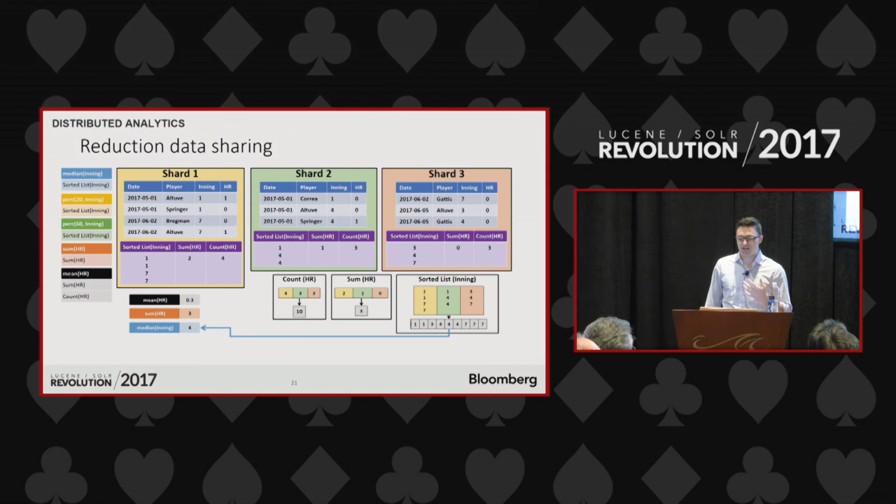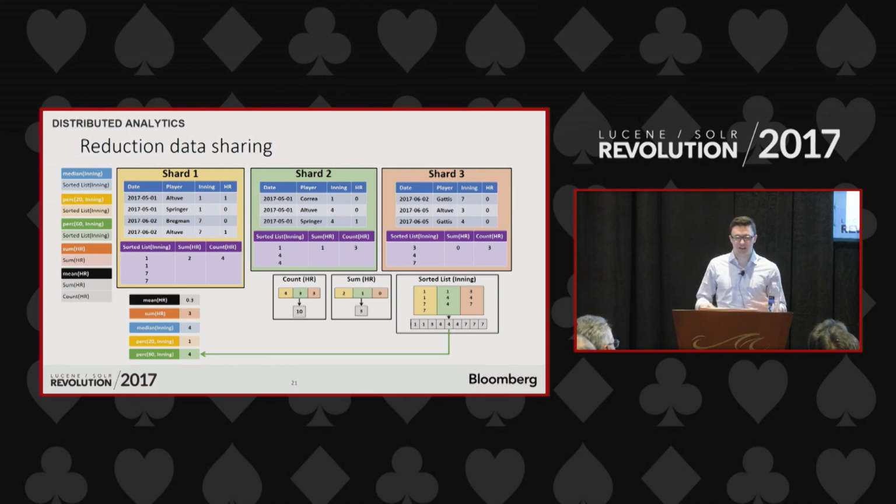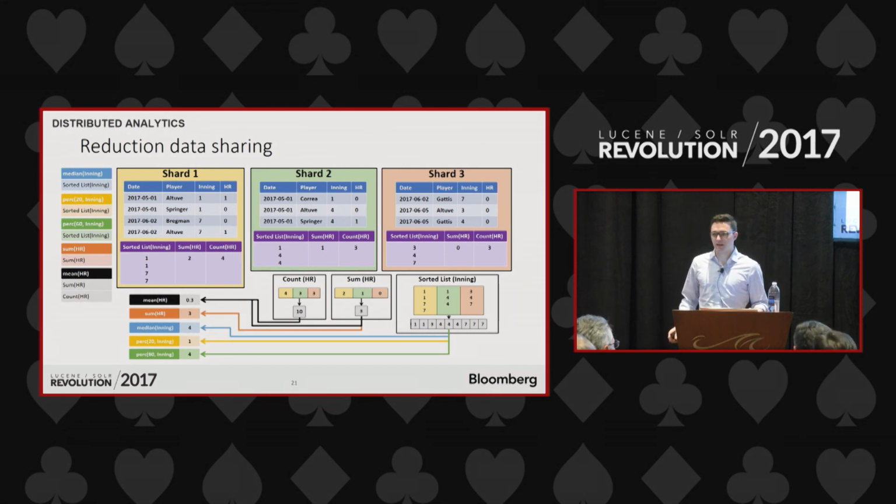And then median of inning, the 20th percentile of inning, and the 60th percentile of inning would all just look at the sorted list and find the piece of data that they need from it. So as you can see, we have 5 reduction functions that we're trying to compute, and we've been able to reduce the set of data we're sending across the shards into just 3 sets of data. This can drastically increase performance if you're trying to do non-associative reductions over very large result sets.